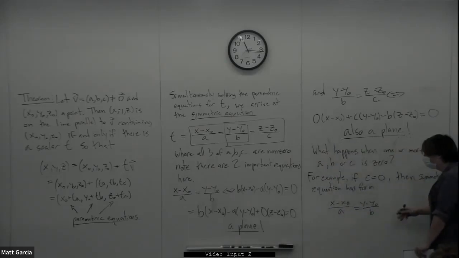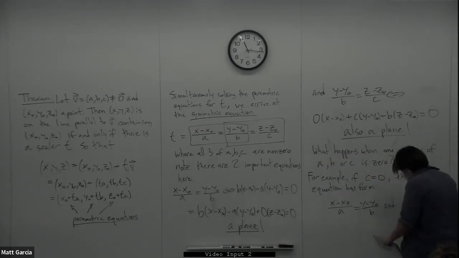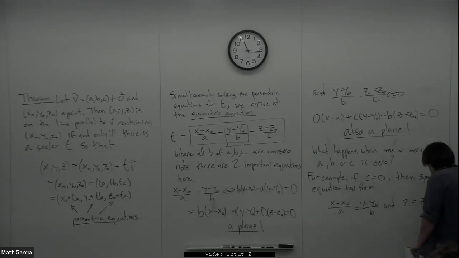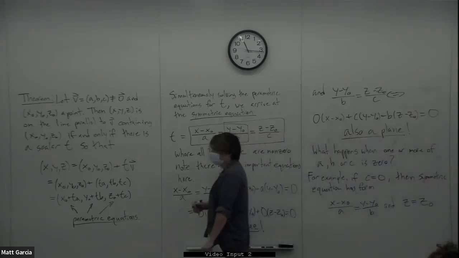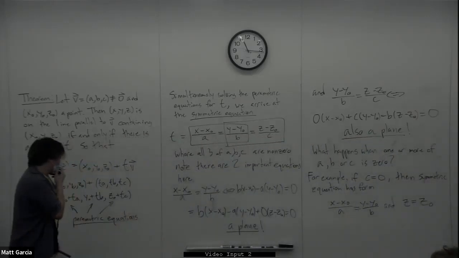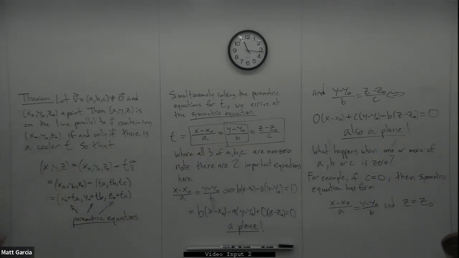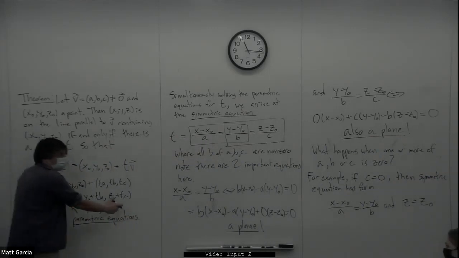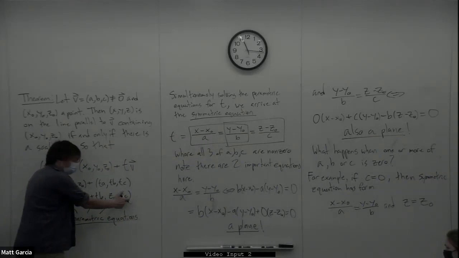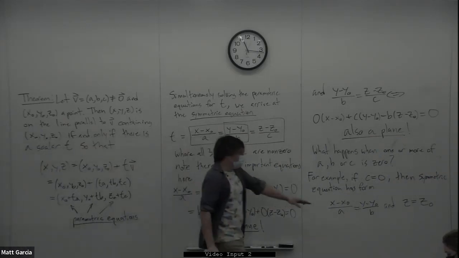That's one equation of a plane. And we just let z equal z naught. Look back at the parametric equation. If c is equal to 0, I just have z being a constant, z naught, it doesn't change. So that's reflected here.